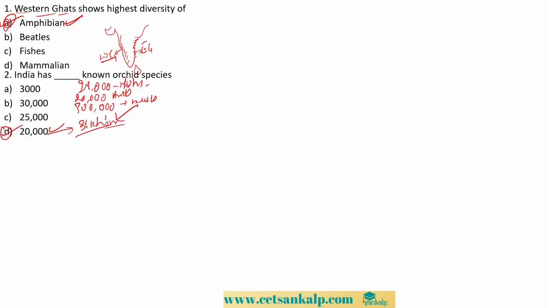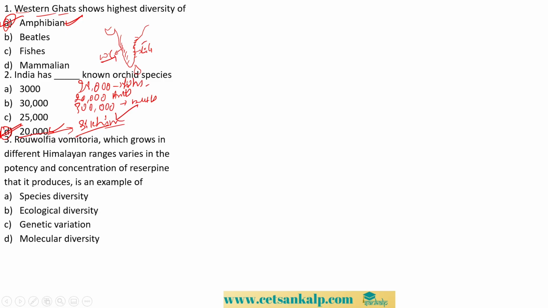These are some of the numbers that we know globally. And in India, around 20,000 species of orchids are recorded. So D is our right answer.